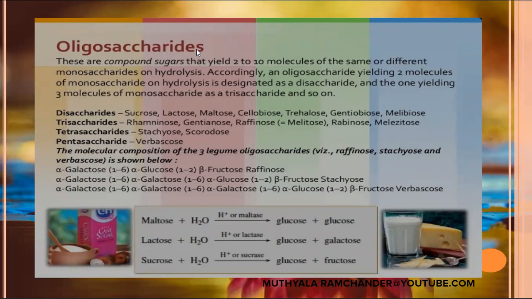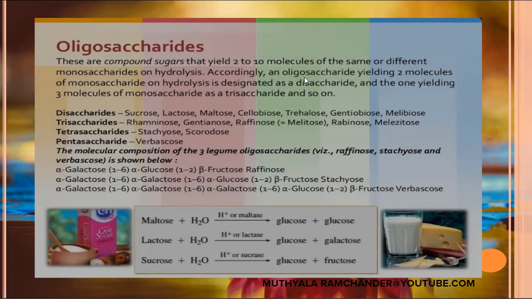Oligosaccharides belong to carbohydrates. From those carbohydrates, one of the important groups is oligosaccharides. Oligosaccharides are compound sugars that yield 2 to 10 molecules of the same or different monosaccharides on hydrolysis.